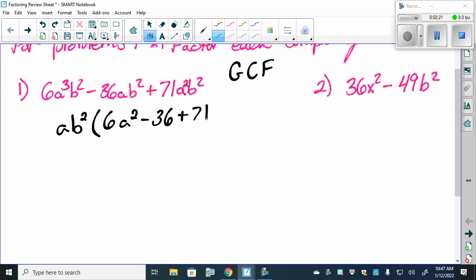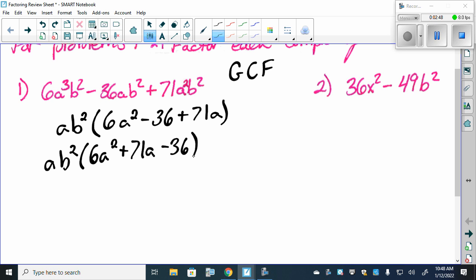Plus 71. If I factor an a out of a squared, I'm left with a, and the b squared factors out completely. Now I'm going to rewrite this in standard form: ab squared times 6a squared plus 71a minus 36.